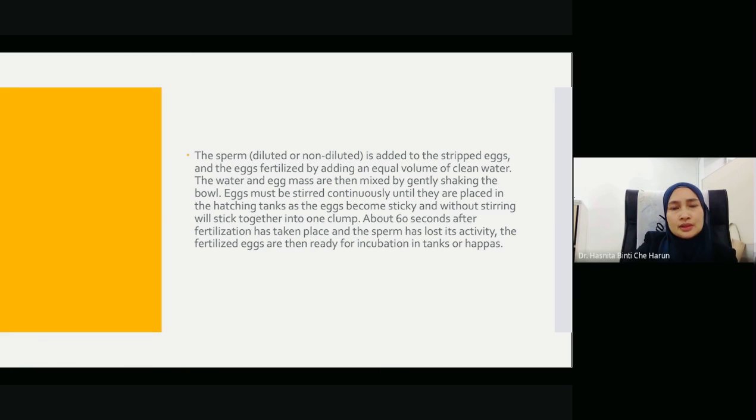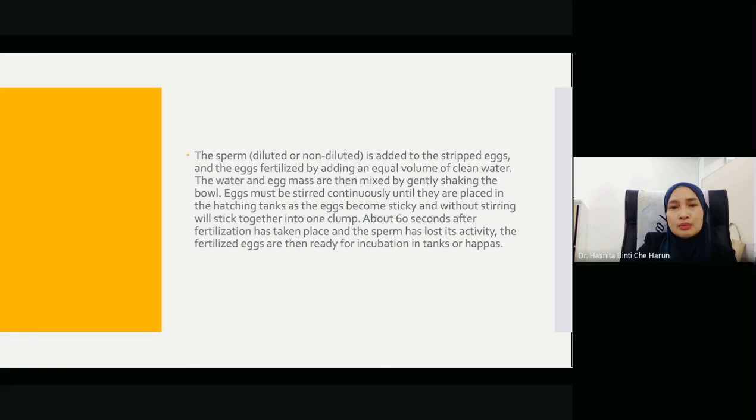The sperm will be added to the stripped eggs and the eggs will be fertilized by adding an equal volume of clean water. And then you have to mix them gently.